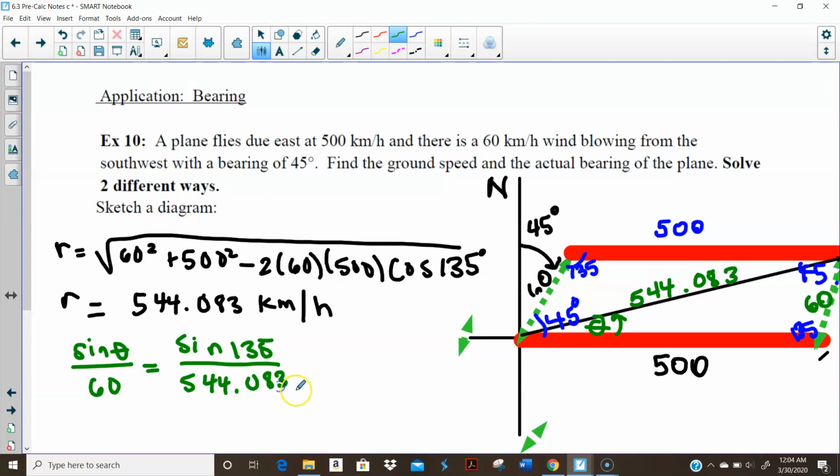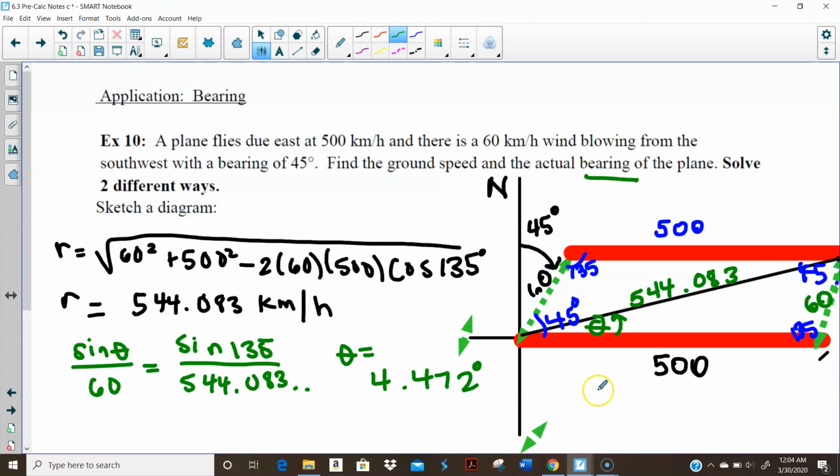Use the full number. So you can cross multiply, and then you can solve for theta. That's going to end up giving you theta is equal to 4.472 degrees.